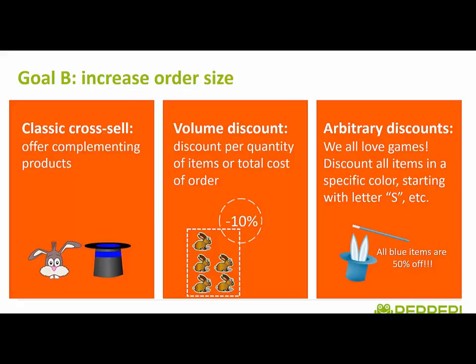Arbitrary discounts are an opportunity for you to play a game with your customers. If you discount all items in a specific color, or starting with a specific letter, then for your customers it's a sort of game, and they're going to be much more likely to take part in the promotion and buy a larger quantity of items if you offer them this type of game.